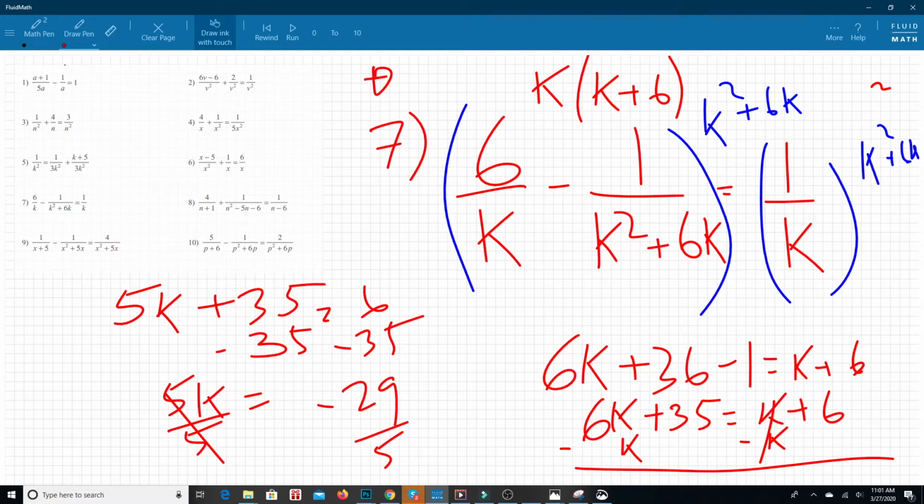That clear? Right, 6 minus 35 is negative 29 over 5. That more clear? Anything?